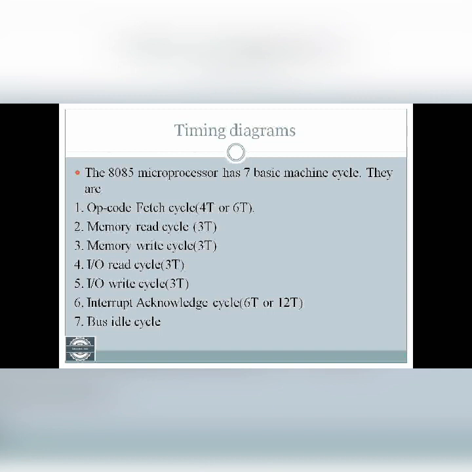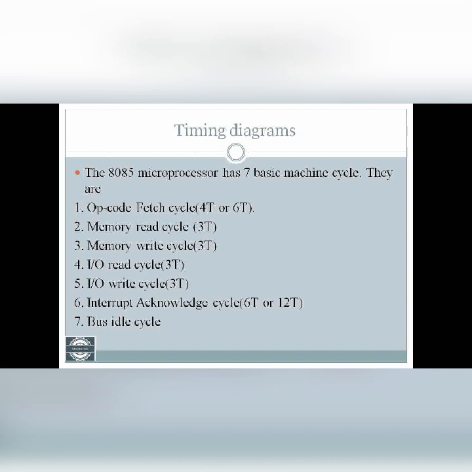Before ending, I have to tell you the timing diagram. I already discussed it, but once again for your visualization, to make it more and more easy, I give it to you. The 8085 microprocessor has 7 basic cycles.